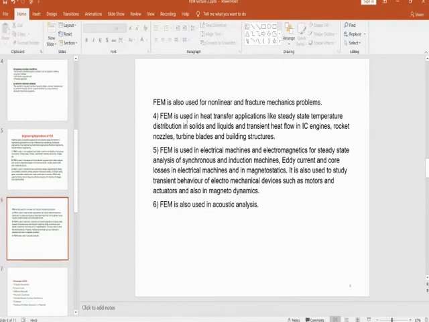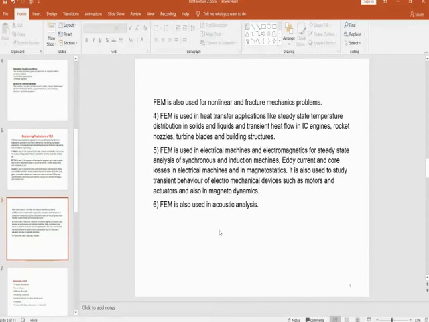Then FEM is also used in heat transfer applications like temperature distribution in a body, or temperature distribution in a piston, or temperature distribution inside the room itself at different points. What are the different temperatures in the room, and also in solids and also in liquids, we can find by using finite element method. And also transient heat flow in IC engine.